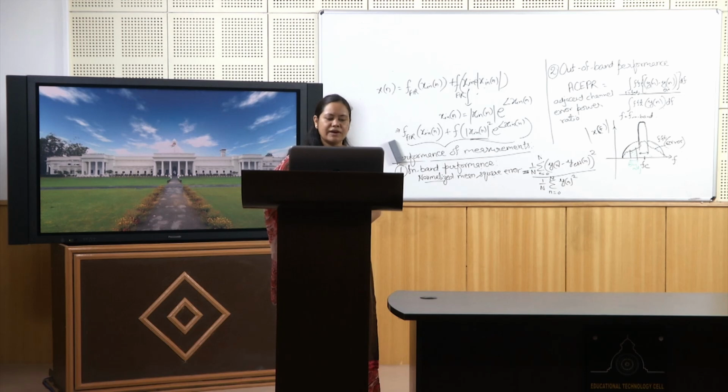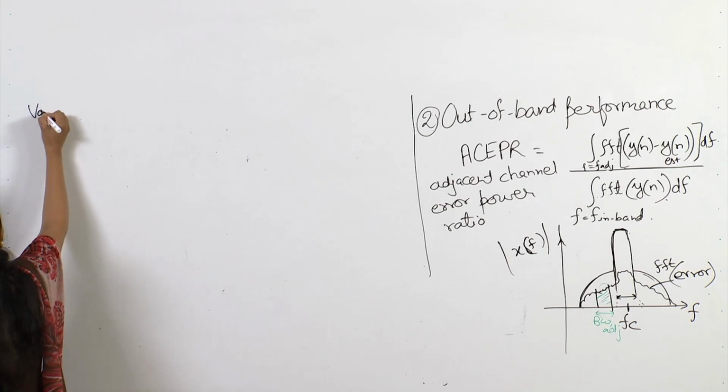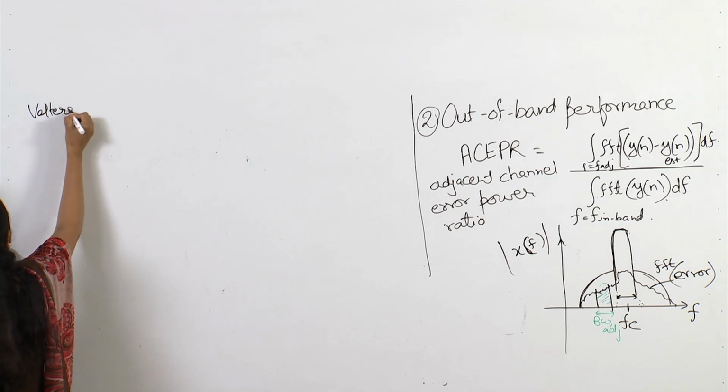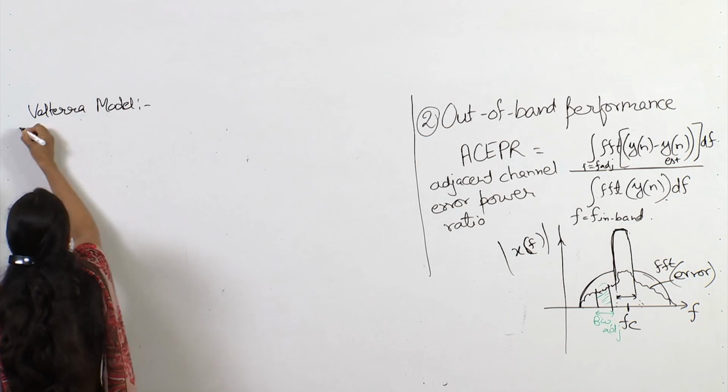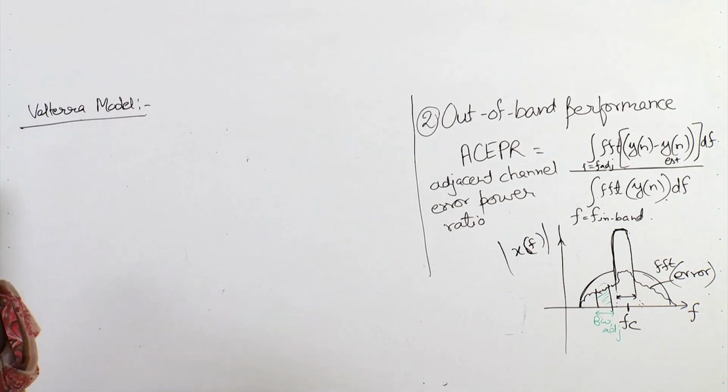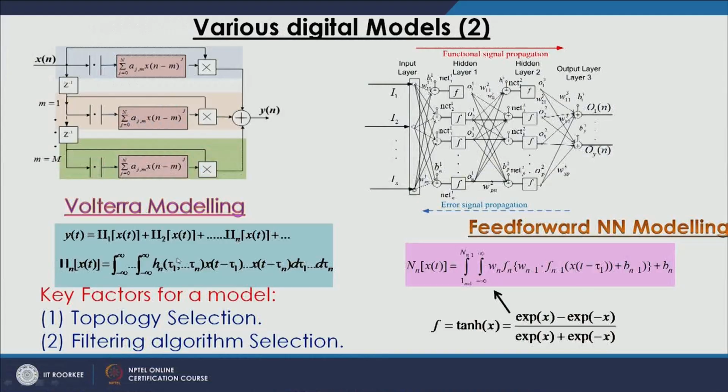Now, we can actually simplify this model. If you look at this Volterra model, if you want to open this term, let us put n equal to 1. If that happens, then what we will get?